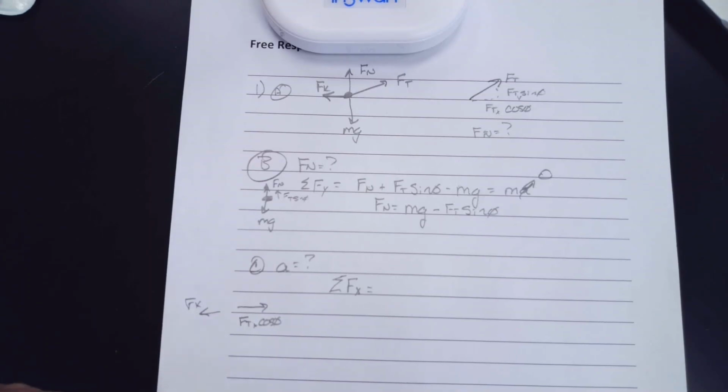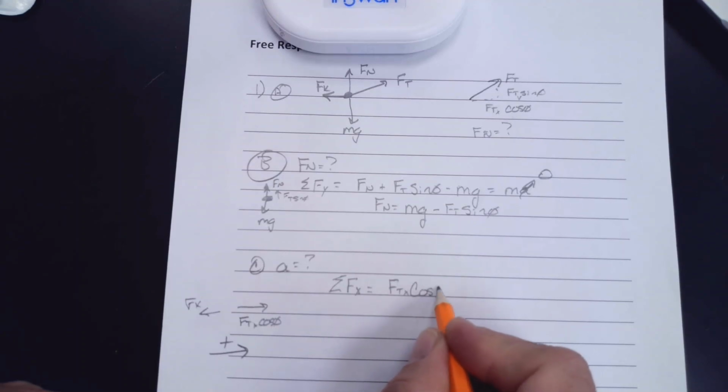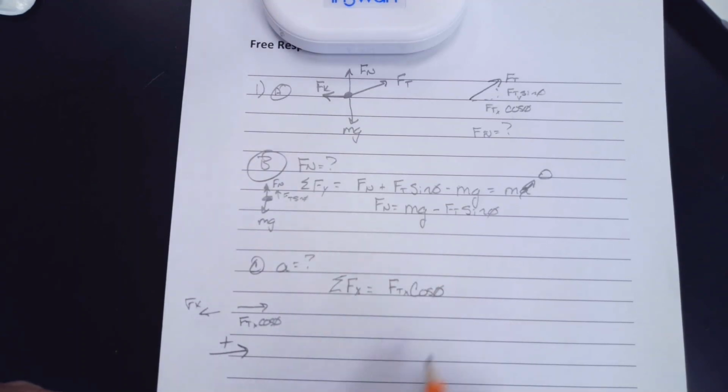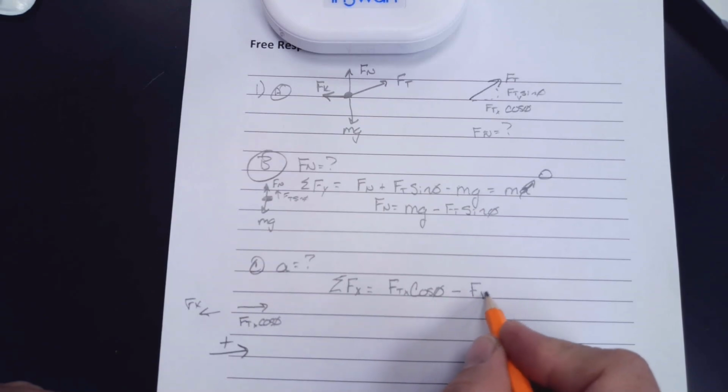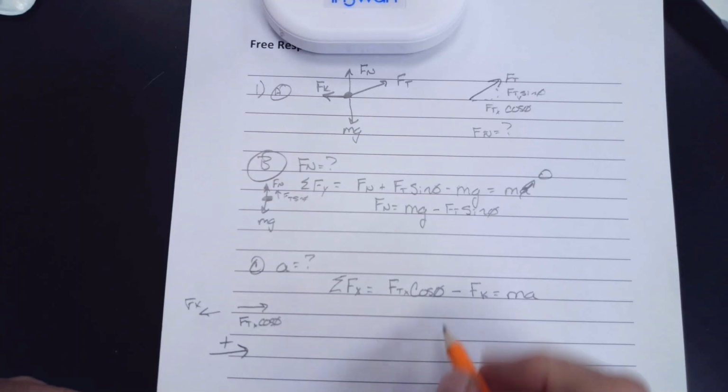That's it. Those are the only two forces I had there. And if I say this is positive, I'm going to have the tension force in that x direction minus friction, which is opposing it, equals mass times acceleration.